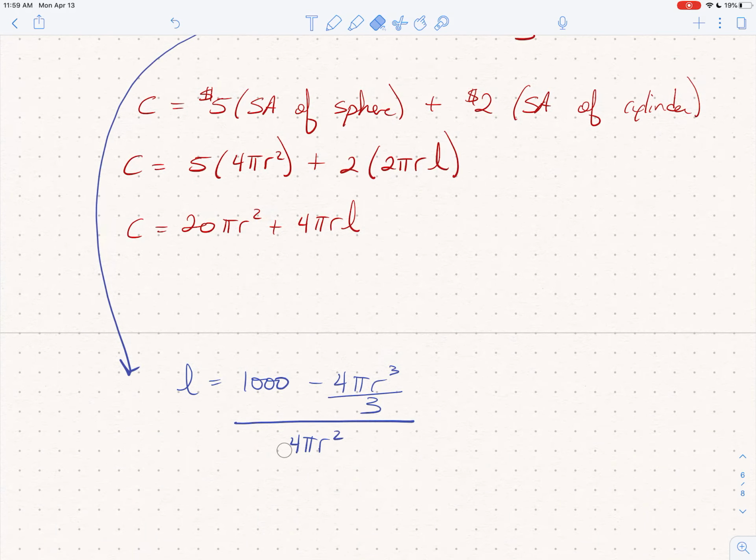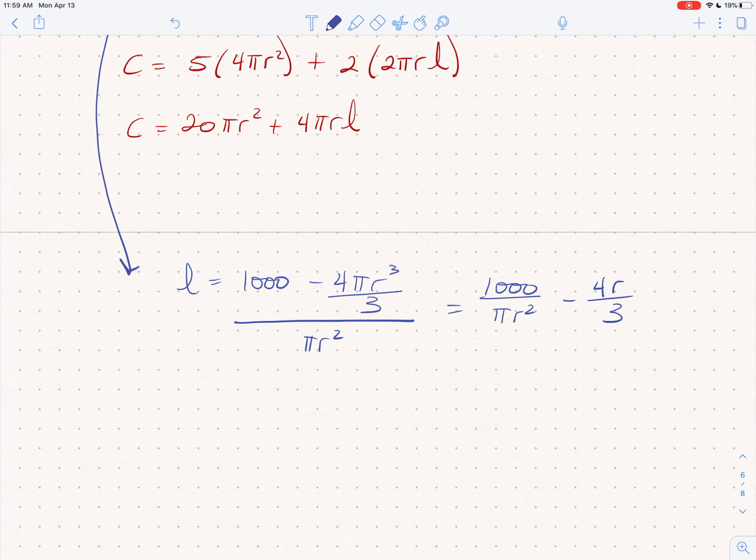I'm sorry, just pi r squared, not 4 pi r squared. And we can clean this up a little bit. We can write this as 1,000 over pi r squared. Nice, we can cancel some stuff on this side. So I get minus 4r over 3. So that's what L is.